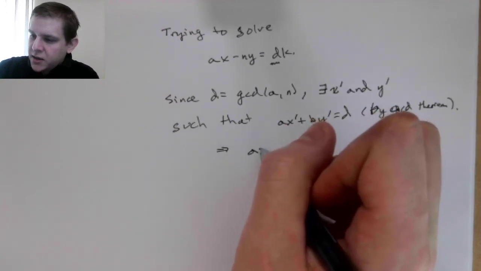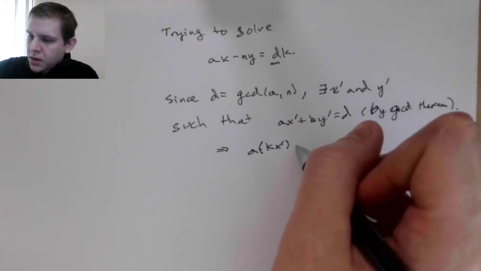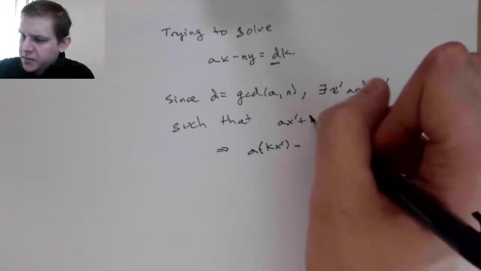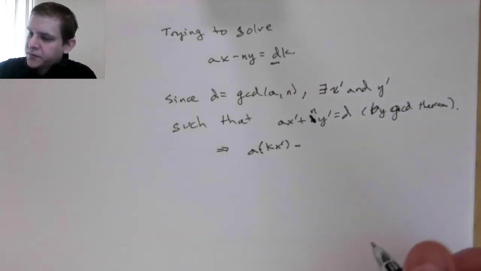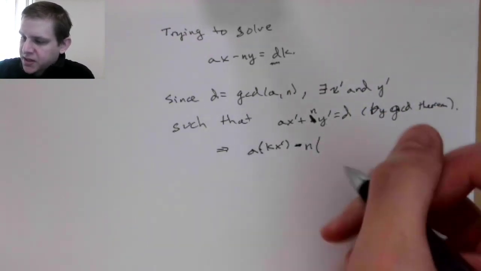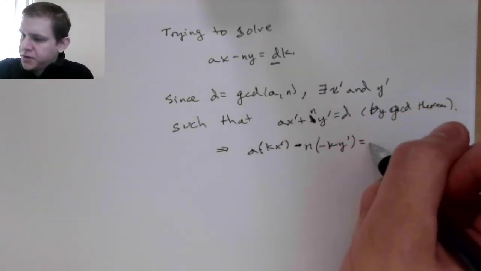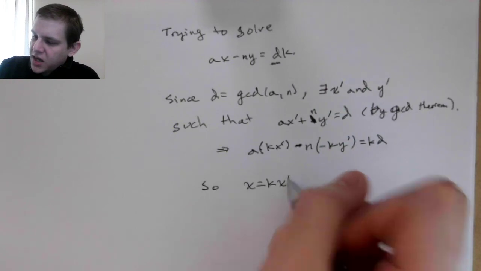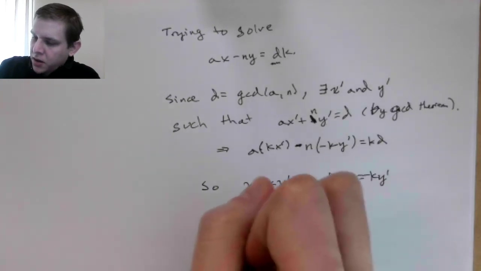A times kx prime minus, oops, this is n, right? It's the GCD of A and N, so it's A times something plus N times something. So it's minus N times, I put a minus sign here, so I need to put a minus sign inside as well, K times y prime is equal to K times D. So x equals kx prime and y equals minus ky prime are the solutions.